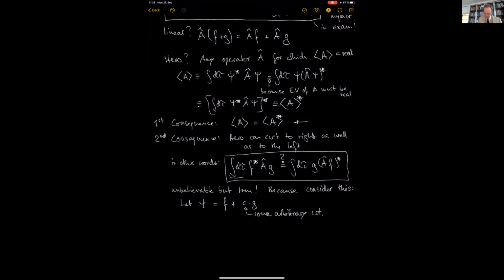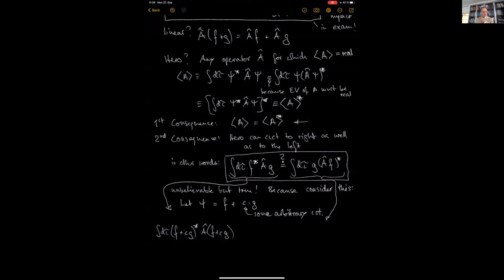So let me put here a little raised bracket and here as well, right? Okay. So if we insert this, then we have here on the left the integral d tau of (f plus cg) star, A, (f plus cg).